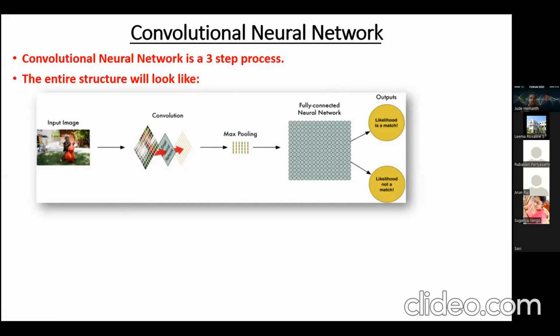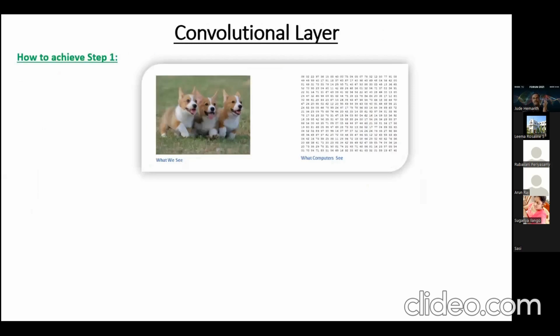That's why if you want to jump into deep learning, you must have a good understanding of artificial neural networks, because the last stage or the final step of deep learning is only artificial neural networks. Let us see how the convolution is able to split an image into many small segments.